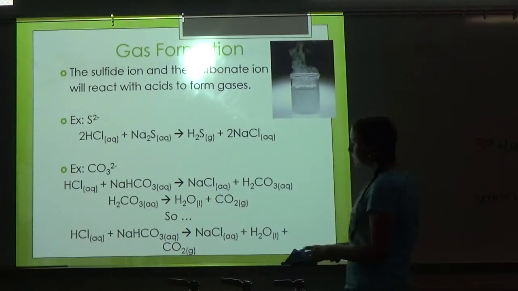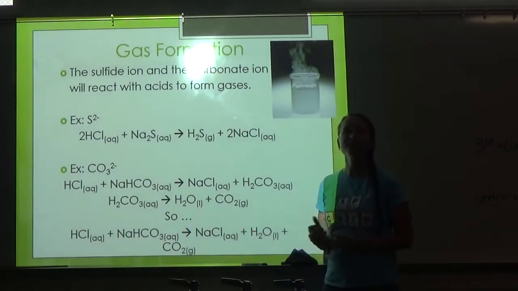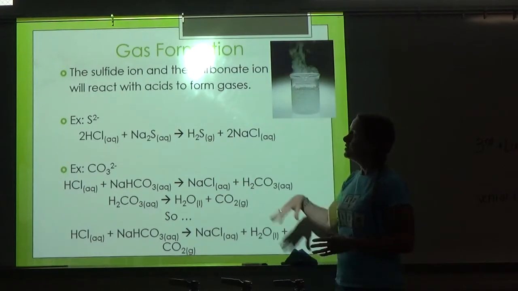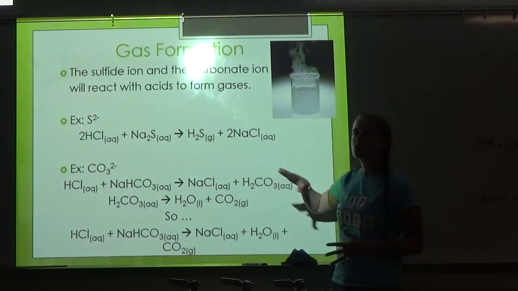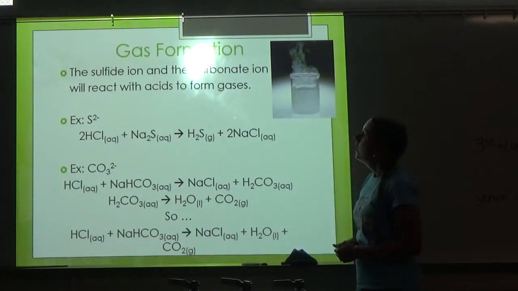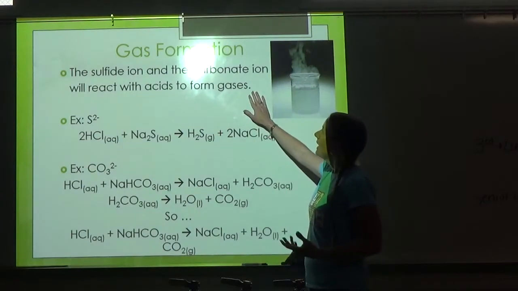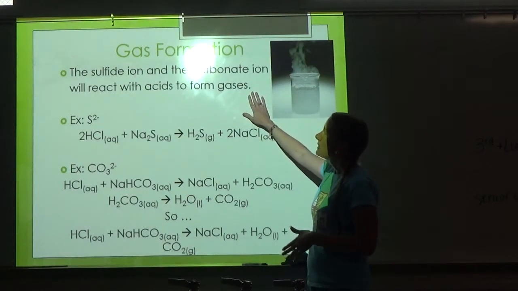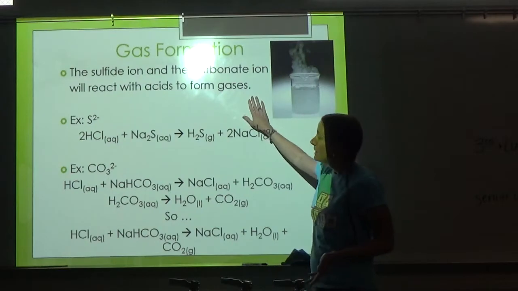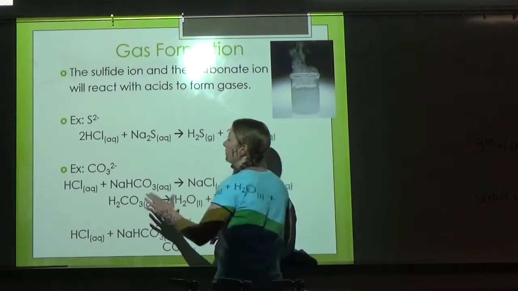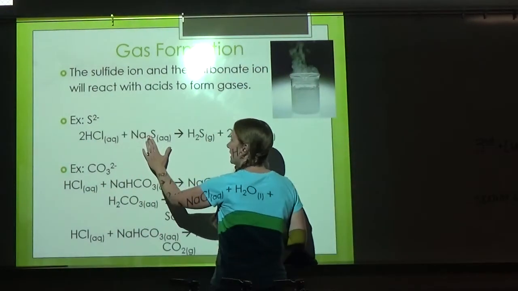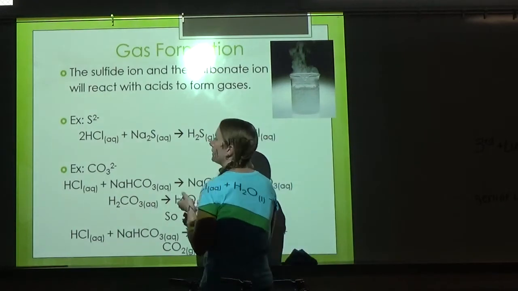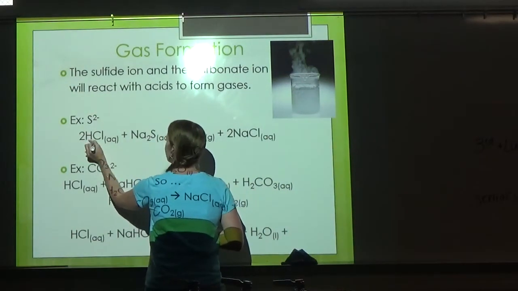Alright, so the last thing I'm going to show you is an example where it's not necessarily a solid. These 2 examples, you're just going to have to kind of memorize them. The sulfide ion and the carbonate ion will react with acids to form gases. So if we have HCl and Na2S, remember it's going to be a double displacement.